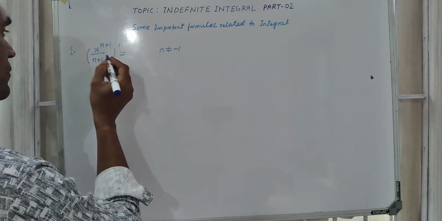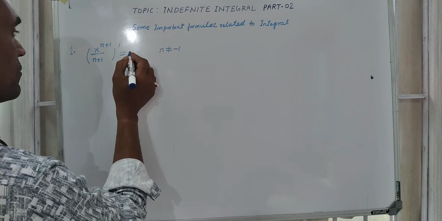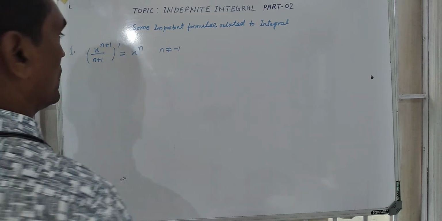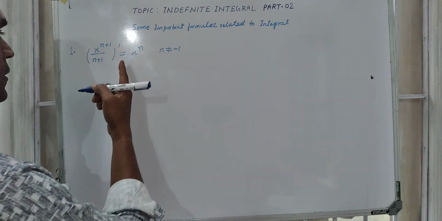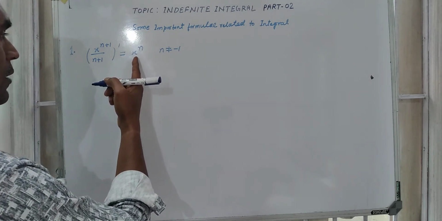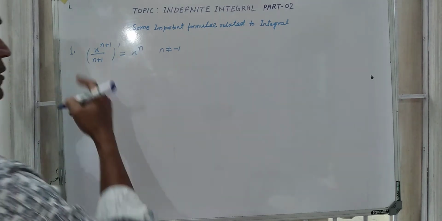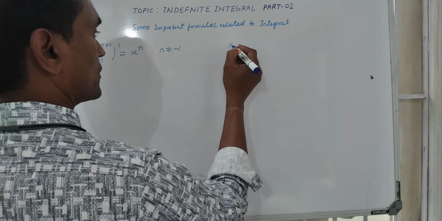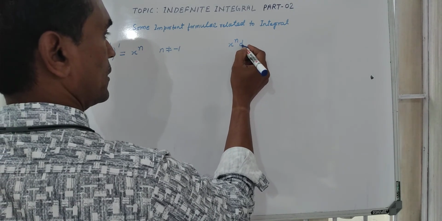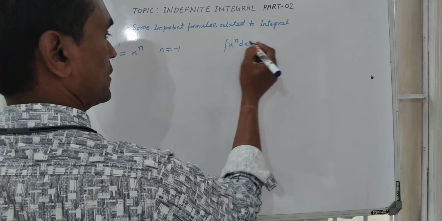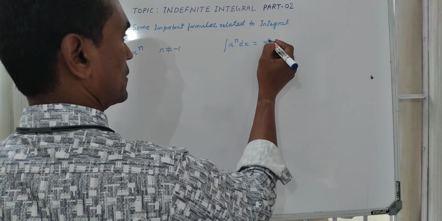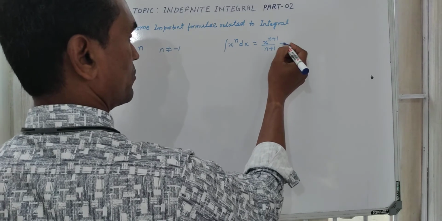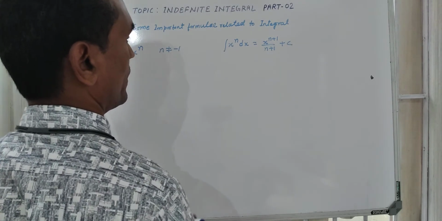In that case, if we differentiate this function, we will get x to the power n. So we got one formula. Integral of x to the power n with respect to x, x to the power n dx, is x to the power n plus 1 by n plus 1 plus c.